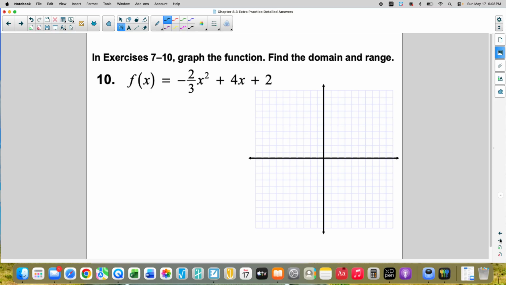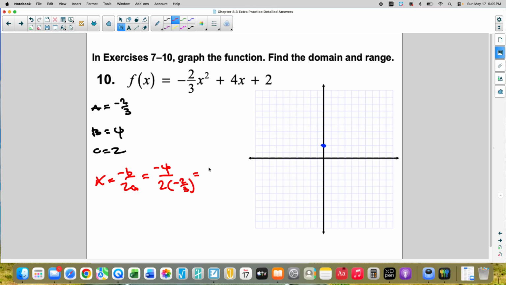Number 10, a equals negative 2/3, b equals 4, c equals 2. Make that x equals the opposite of b over 2a. Opposite of 4 over 2 times negative 2/3. Negative 4 over negative 4/3.